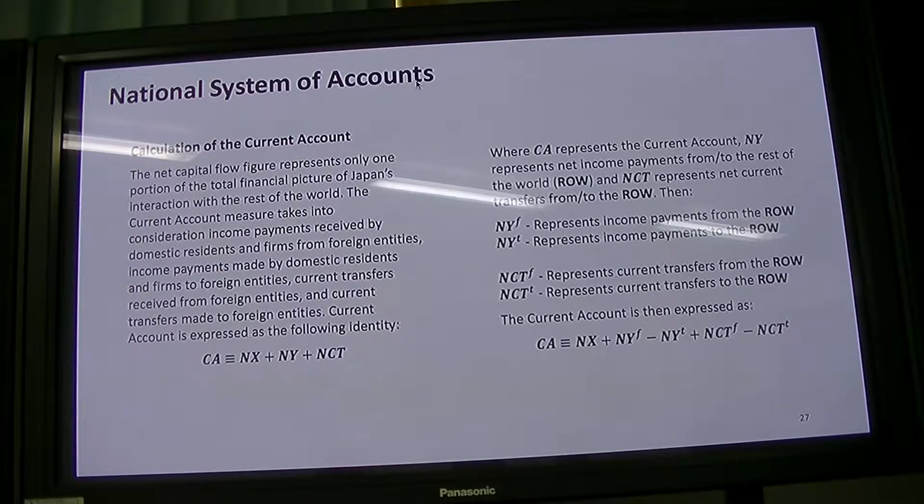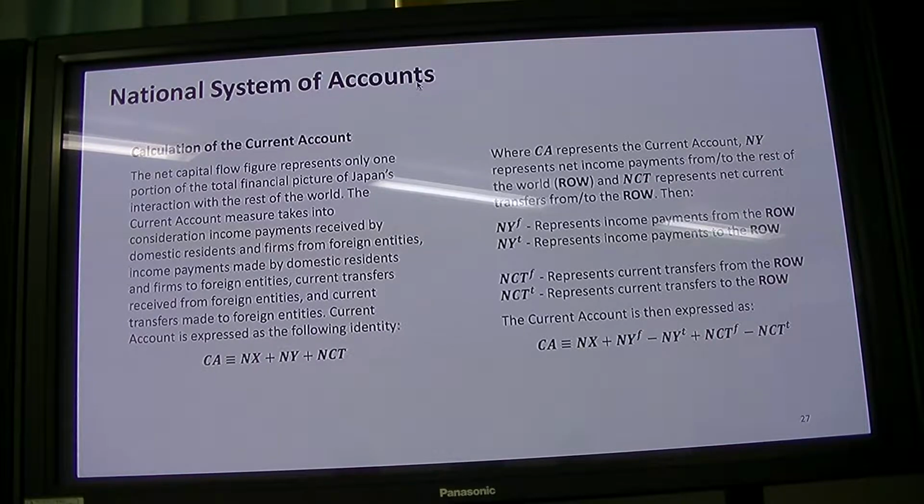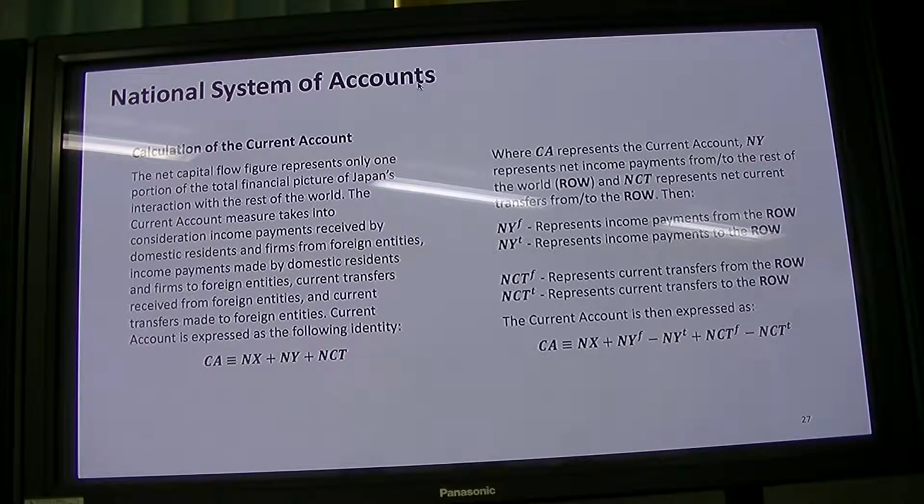They've built production plants in countries like the United States, automobile and other manufacturing plants, in Mexico, China, Indonesia, Malaysia, Europe, all over the world. Those entities earn profits, and when the people who hold the rights to them bring those profits into Japan, that's recorded in the current account.